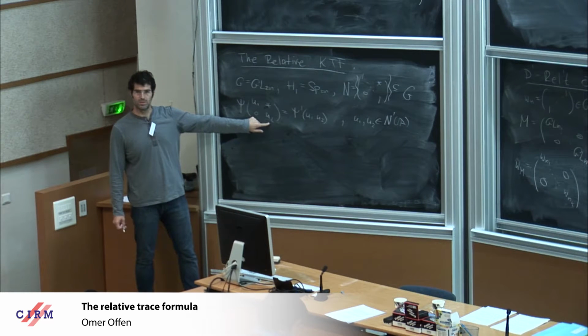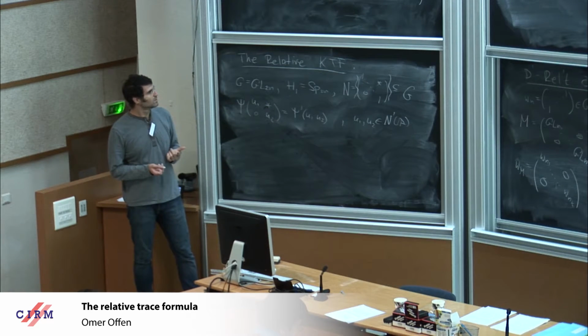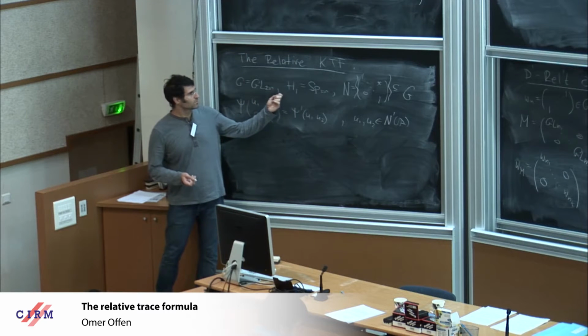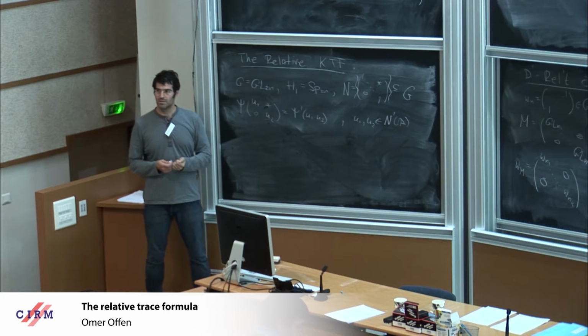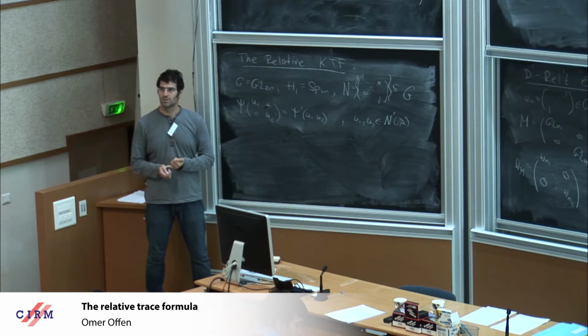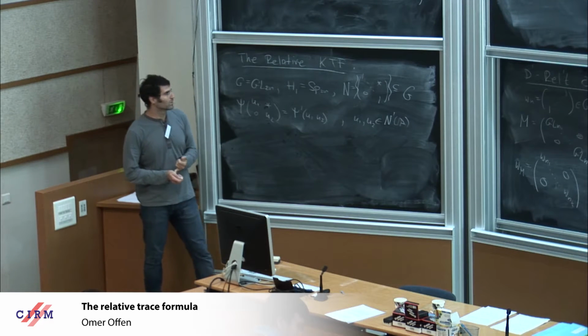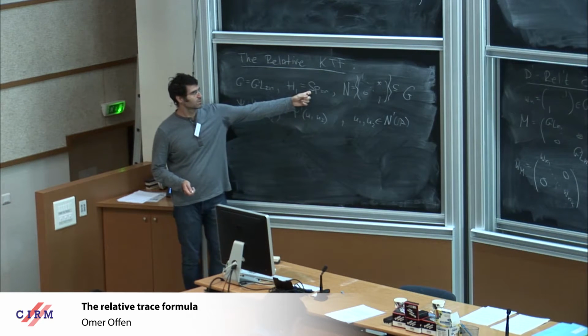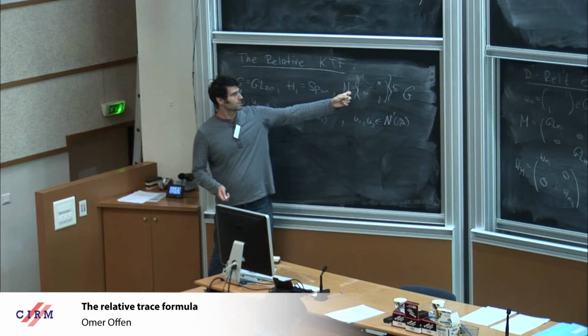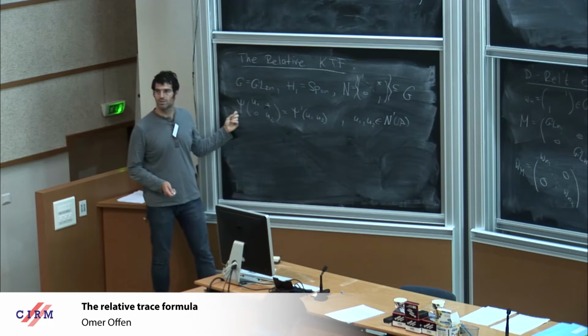Why do I take a degenerate character? Well, we know that a relative trace formula is only going to detect distinguished representations. So we want them to be both SP distinguished and distinguished with respect to N and this character.